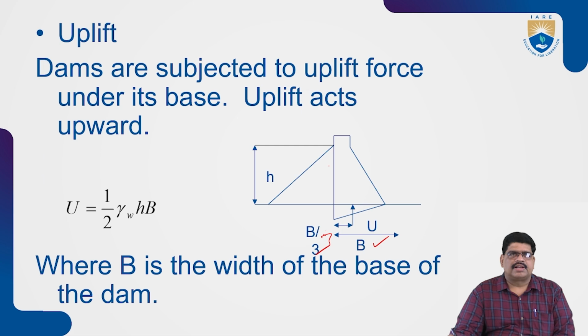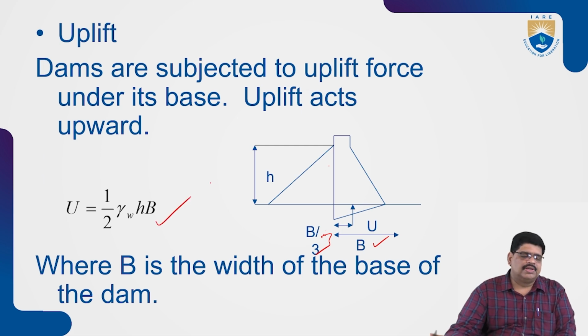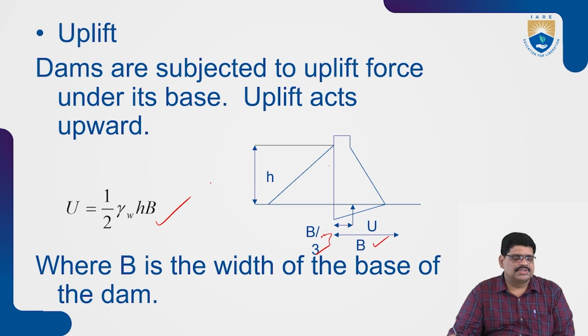It acts at B by 3 from the base. By using the formula U is equal to 1 by 2 gamma W into H into B, you have to calculate the uplift pressure of the dam. The uplift pressure is very important for the safety of the dam.